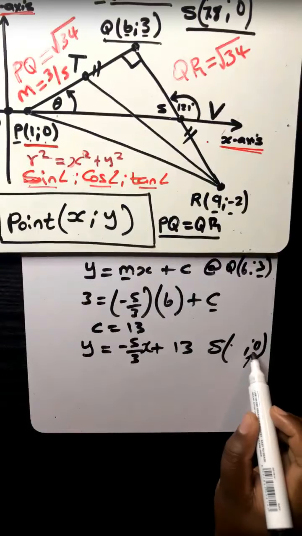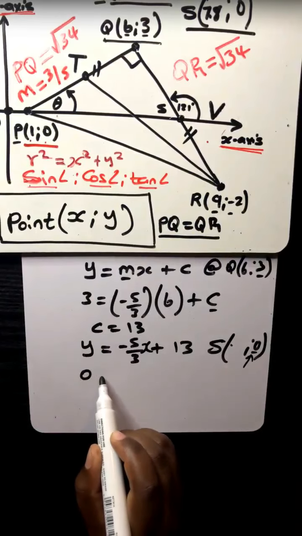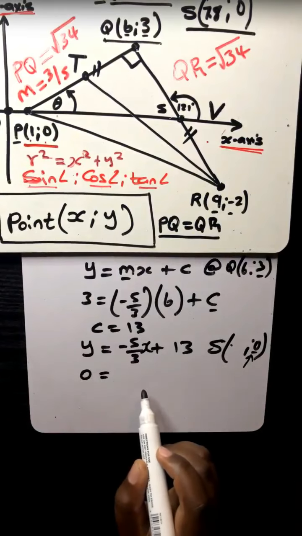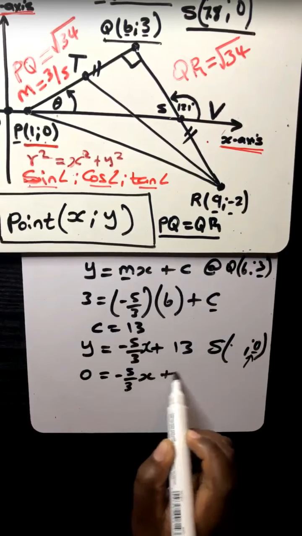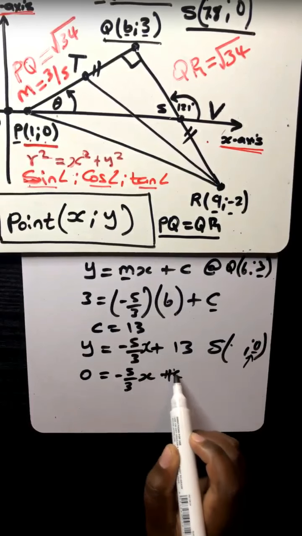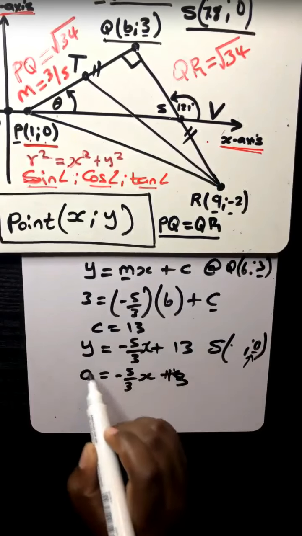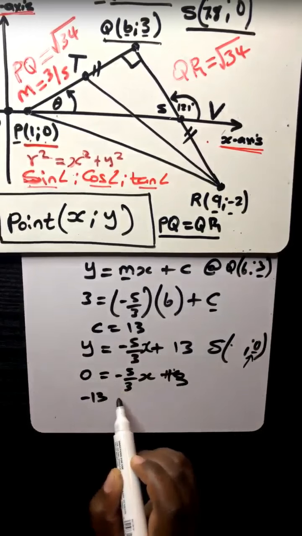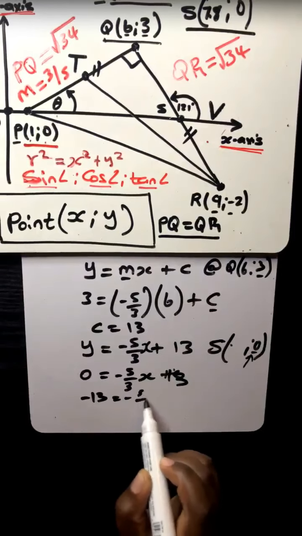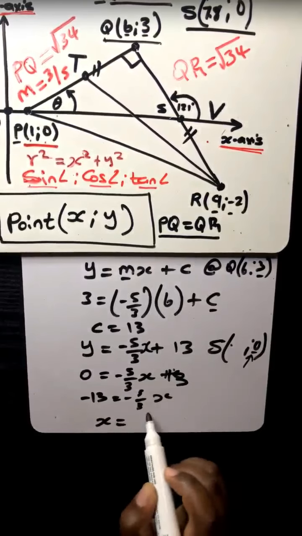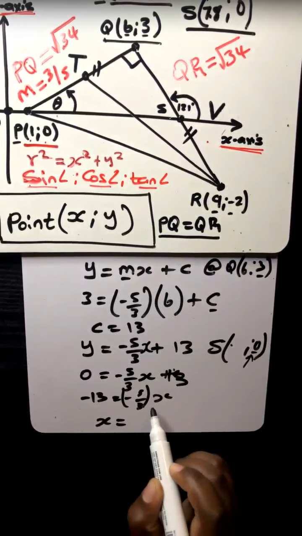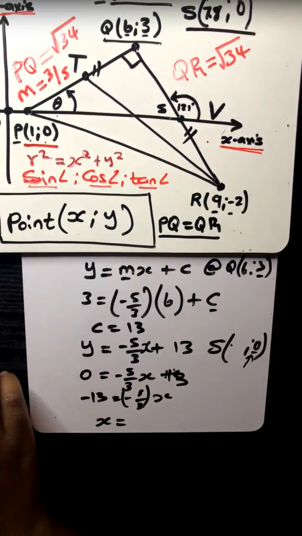When we solve for x, we substitute 0, which is that 0 there, being equal to -5/3 x plus 13. Then you transpose, you have -13 equal to -5 over 3 x. Then your x value is going to be equal to, divide by that on both sides to see what x value you are getting.